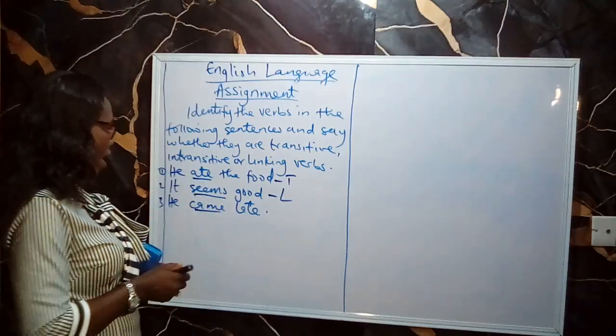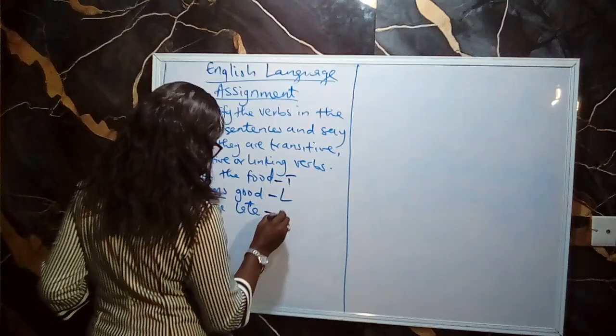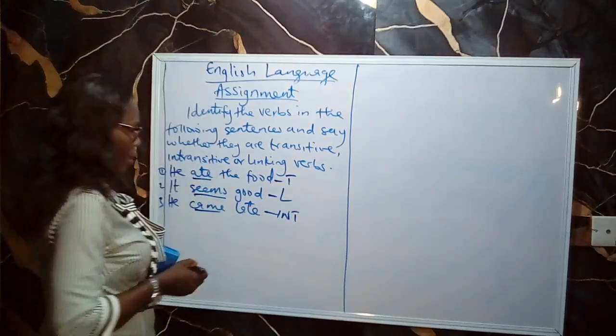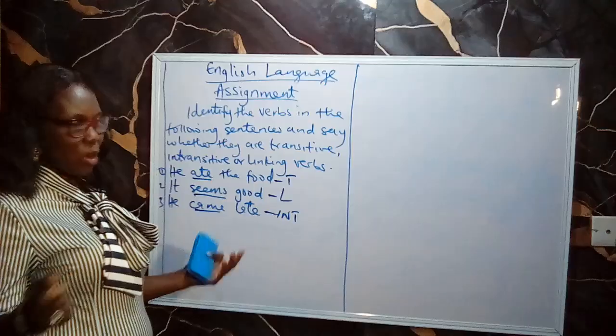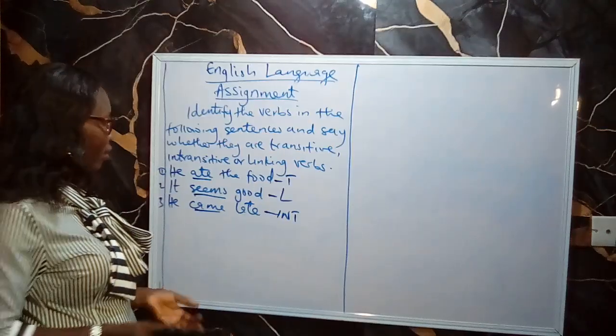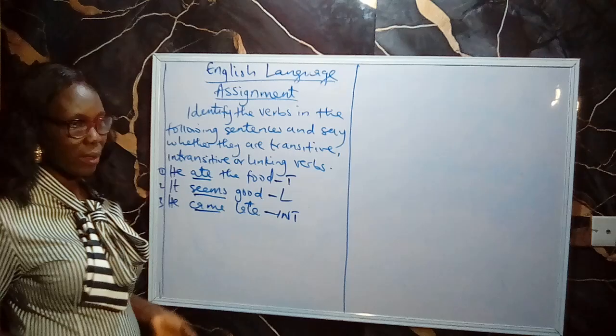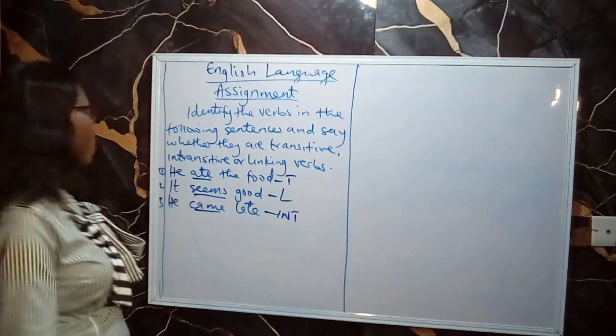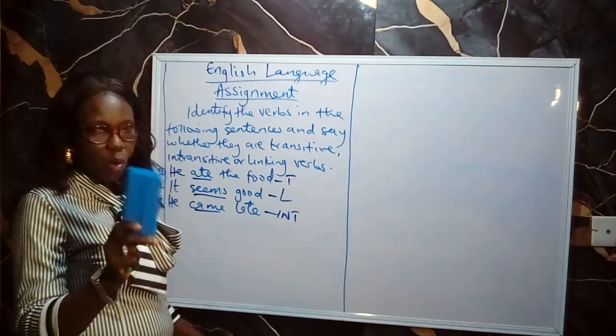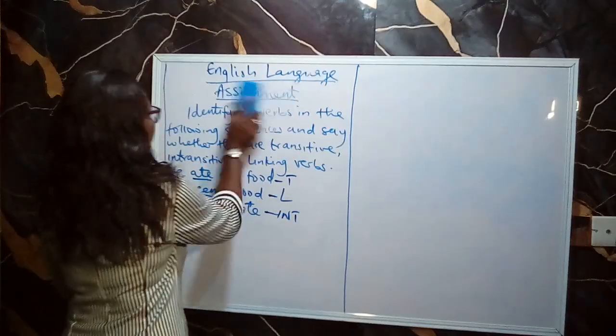So came here is an intransitive verb. So check what you have scored. If you have scored everything, then you have gotten an excellent performance. So clap for yourself. Now let's go to exactly what we have for today.